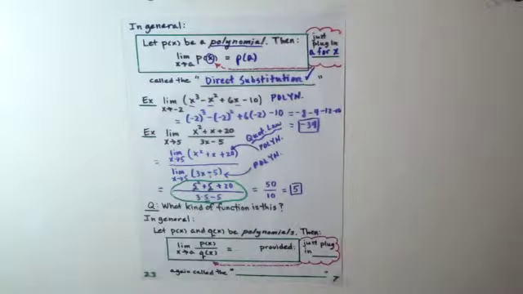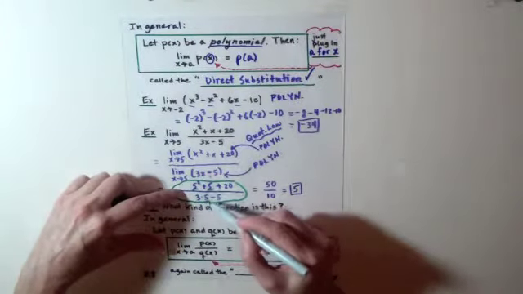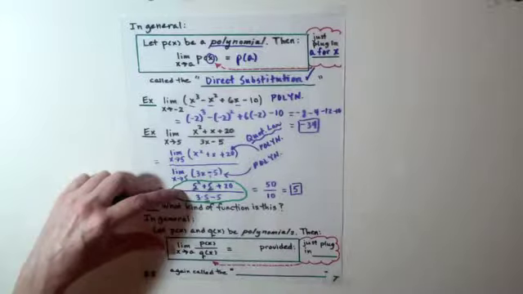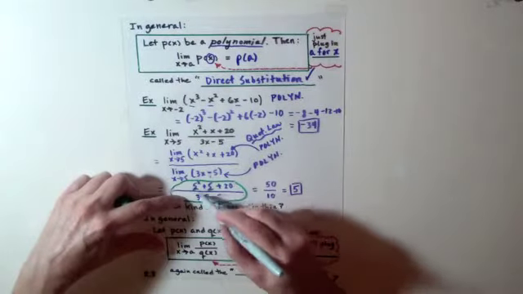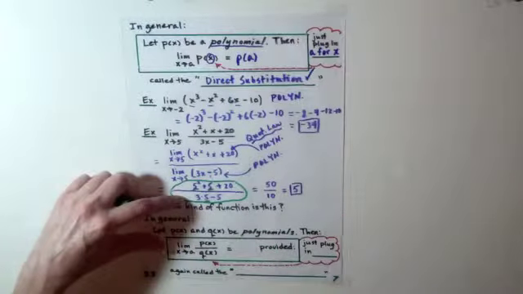So just like with the polynomials, to find the limit of a rational function, we can simply use direct substitution and replace all of the x's with the number that x is approaching, as long as the limit in the bottom does not turn out to be 0.